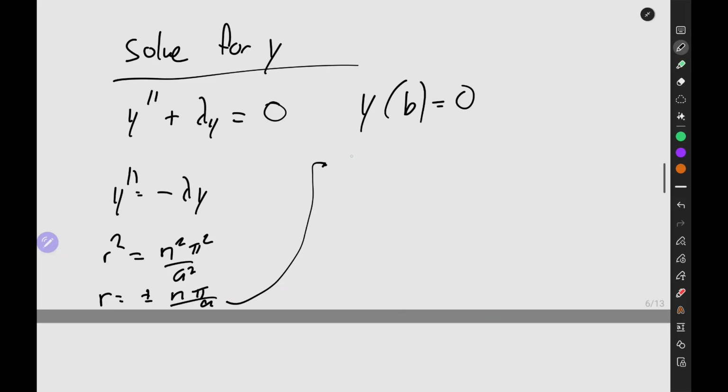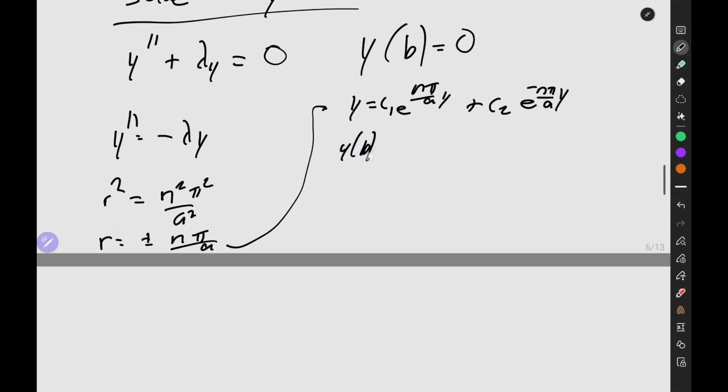General solution. Sorry, I just rewrote that. So then y of b would be, because now we're using the boundary condition, c1 e to the n pi over a b plus c2 e to the negative n pi over a b.